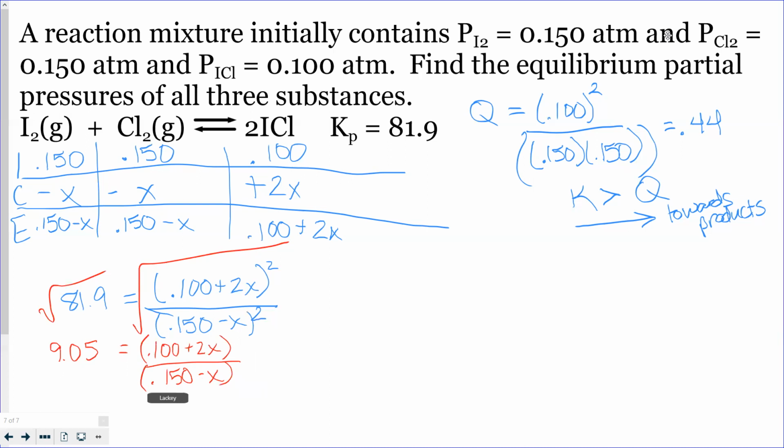So we still have some math to do, but it's a lot simpler than we initially started out with, because we are not going to have a squared factor now.